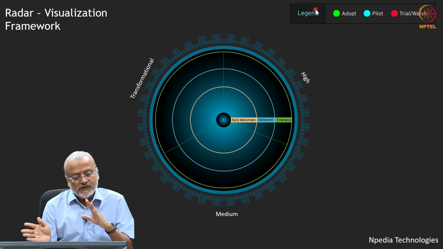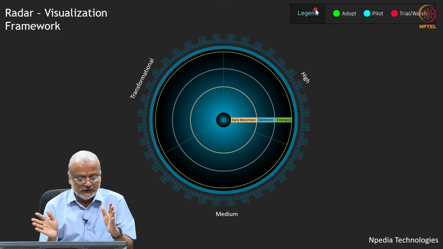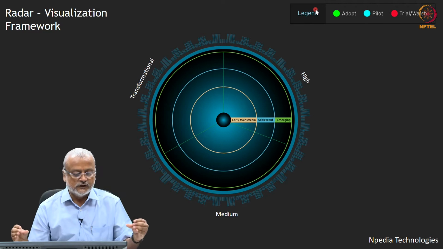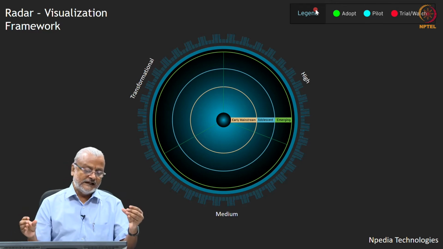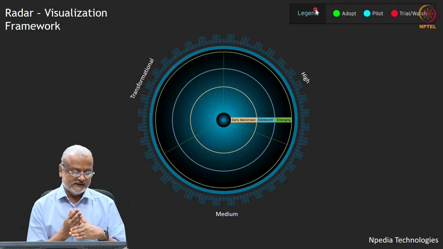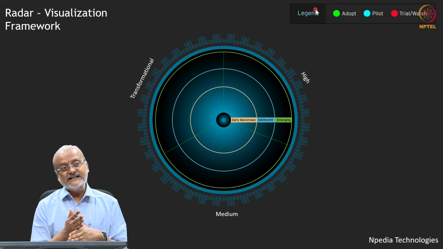So you have both aspects of it: one that says horizontally I will look at all the technologies together, and another slice that will look at the vertical and say I'm going to look at all the critical vertical technologies. Okay.